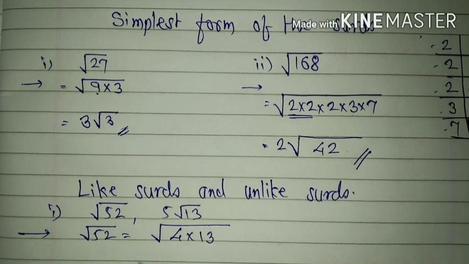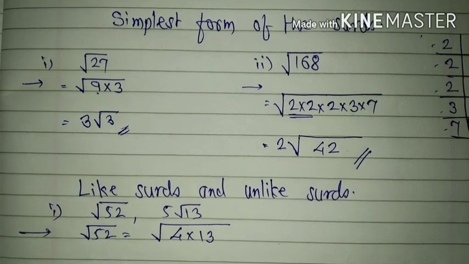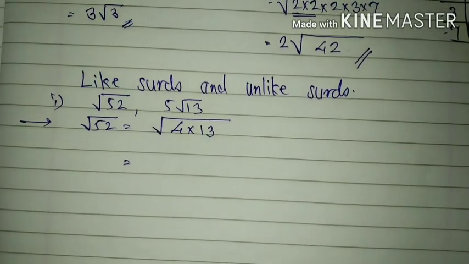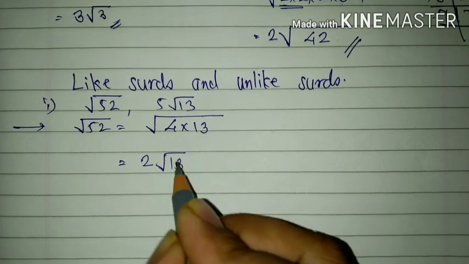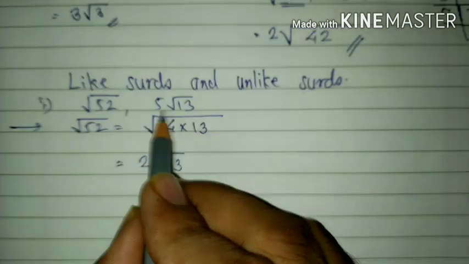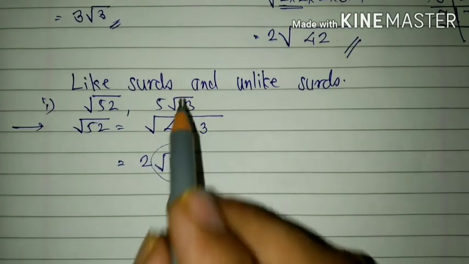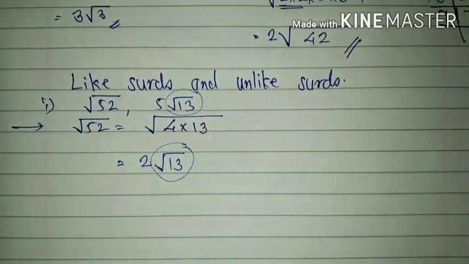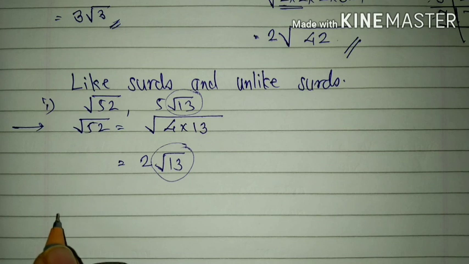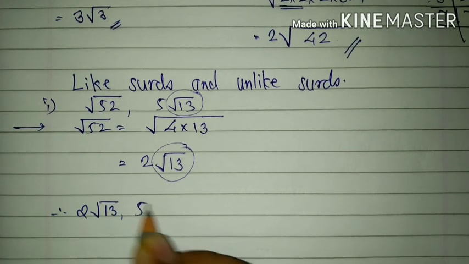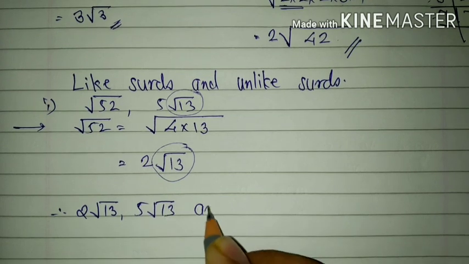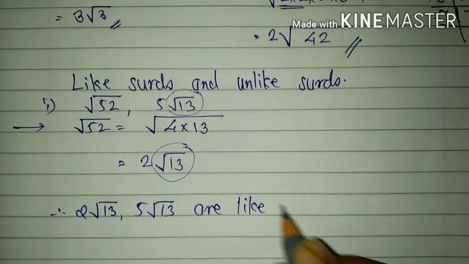So when 4 comes out, it becomes 2 root 13, and the other number is 5 root 13. See, root 13 is the same, like terms. Therefore we can say 2 root 13 and 5 root 13 are like surds.